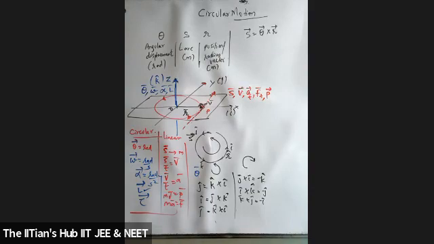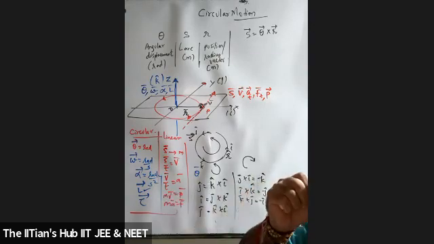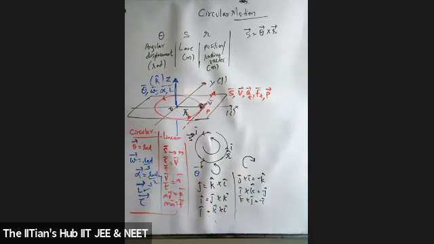Students, पूरे फिजिक्स में, पूरे 2.5 साल के फिजिक्स में क्रॉस प्रोडक्ट कहाँ पे यूज होगा? Only if the particle is along an arc with constant radius. That means if the particle is performing circular motion or rotational motion, वहीं पे ही तुम क्रॉस प्रोडक्ट यूज करोगे. क्रॉस प्रोडक्ट और कहीं भी यूज नहीं करोगे. ये ध्यान में रखना students.